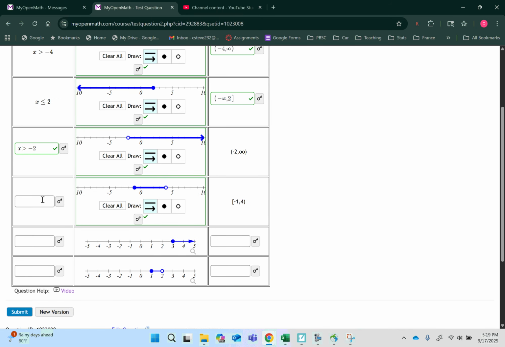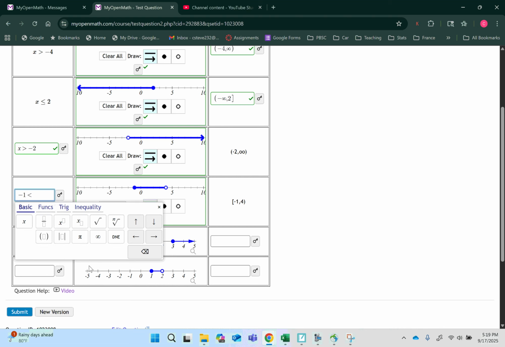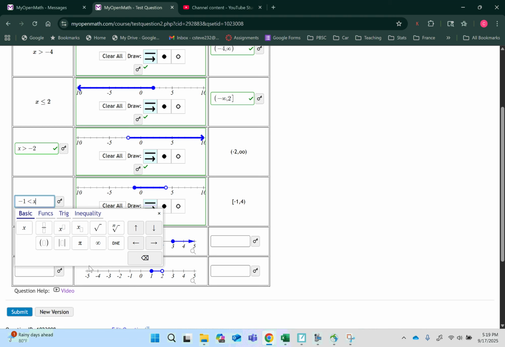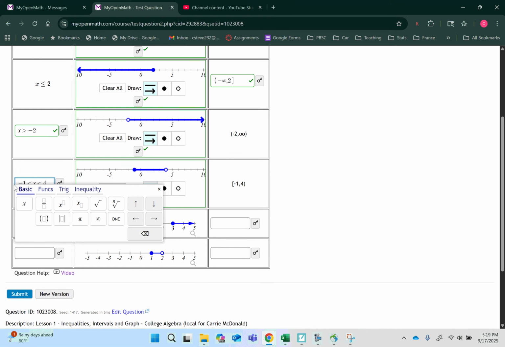Great. Now, inequality notation. This time x is going to be in between the two values. So I'm going to start with the -1 since that's the lesser value. Then I have the less than symbol, then my x, then another less than symbol, and then 4. So that is showing that x is in between -1 and 4.